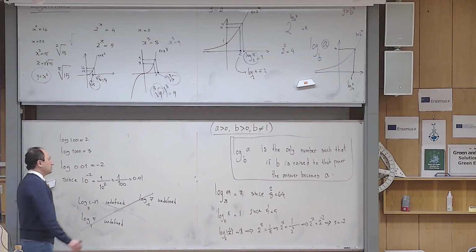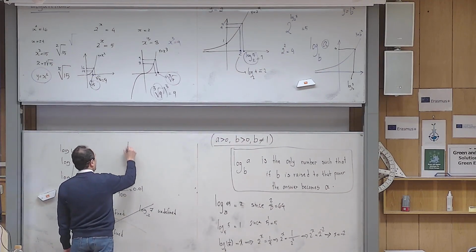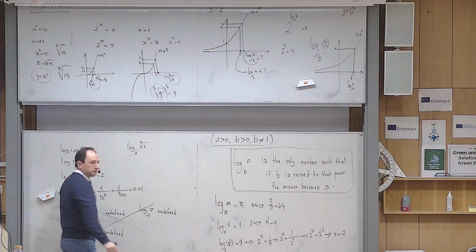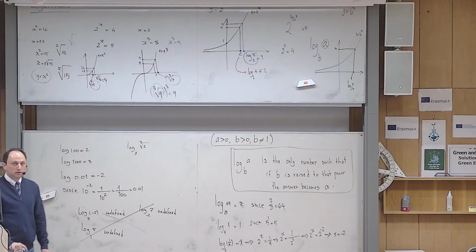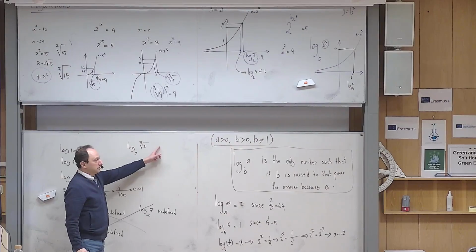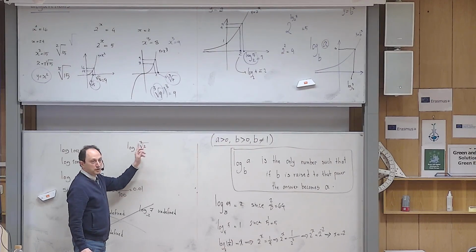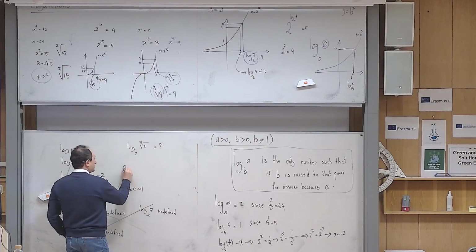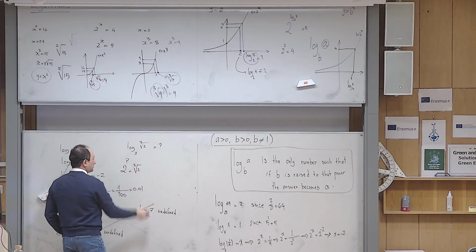Okay, so can you tell me what is the answer to this? Logarithm of the third root of 2 to the base 2. It is asking you for a number such that 2 to that number becomes the third root of 2. So 2 to the question mark should be the third root of 2. 1/3.